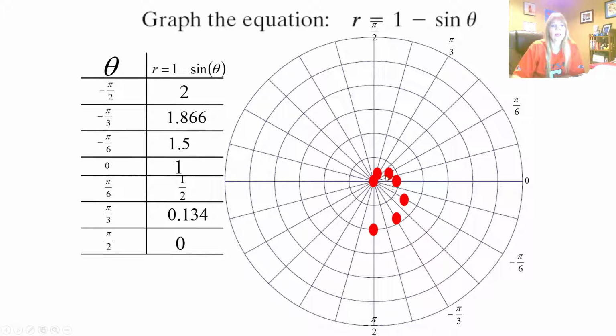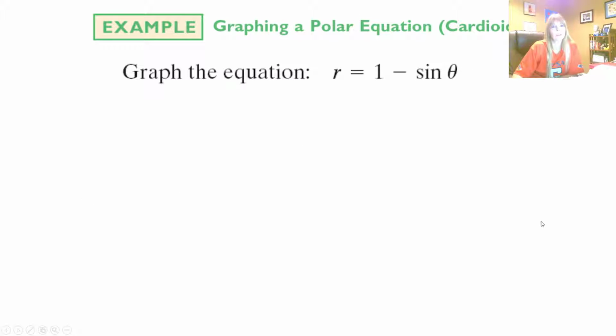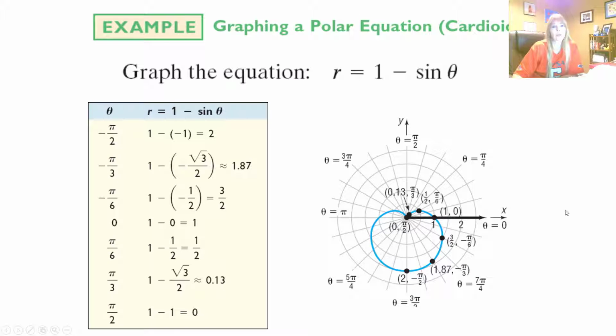If I reflect these, in other words, I could go through and find all of the values on the other side, or I can just see that this is an actual reflection. And what I get, even though it's kind of ugly, is that the graph should look like that, a cardioid.